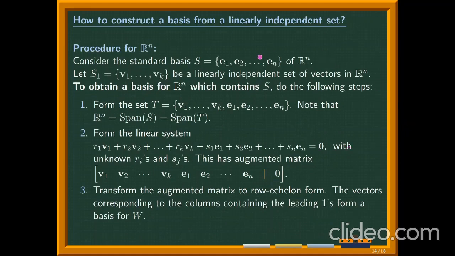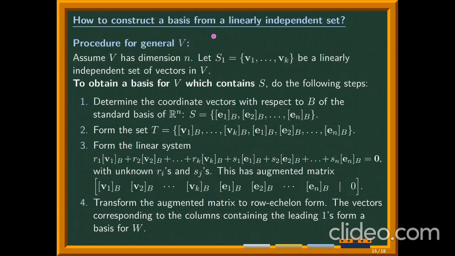So the same is true if we want to construct a basis from a linearly independent set. So recall the procedure for Rn. This is for Rn. If we want to answer this question for a general vector space, we can consider the coordinate vectors with respect to some chosen basis.